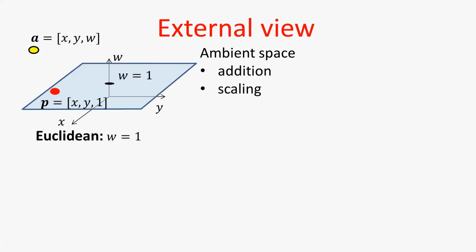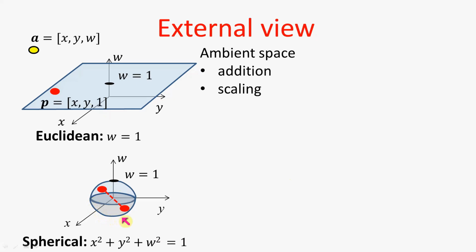For example, the two-dimensional Euclidean geometry is a plane in this three-dimensional ambient space defined by the equation w equals 1. So it means that a point is a member of this geometry if its coordinates are x, y, where x and y can take an arbitrary value, but the third extra coordinate must be equal to 1.